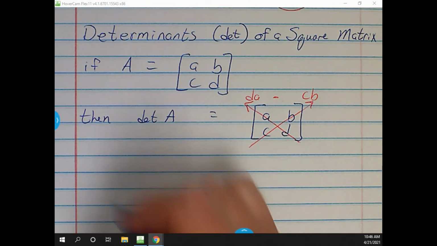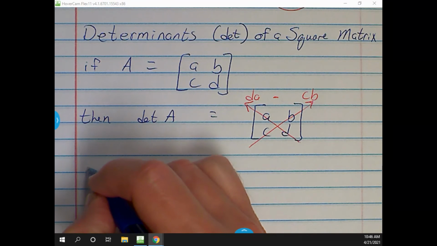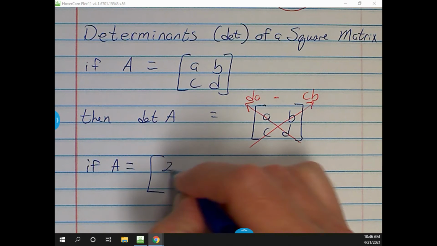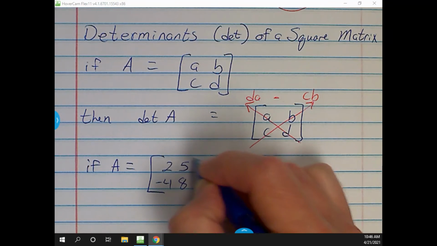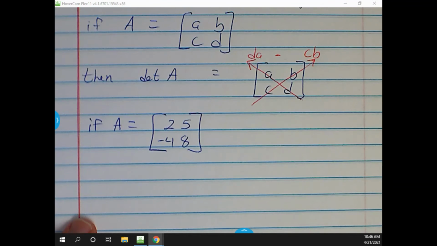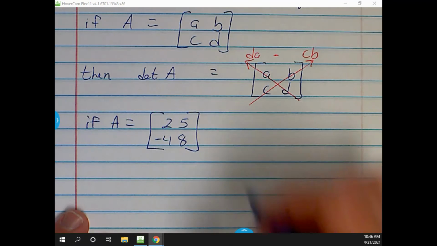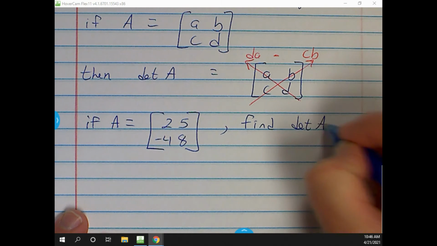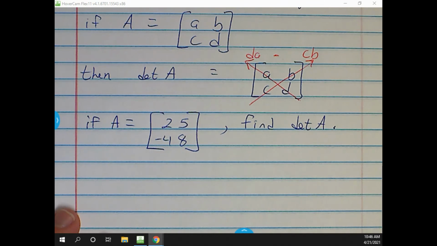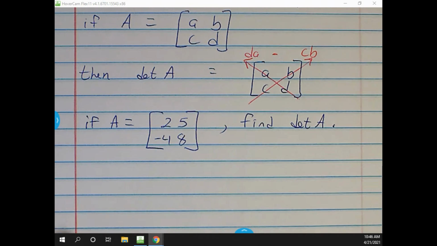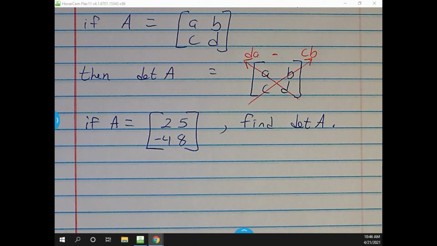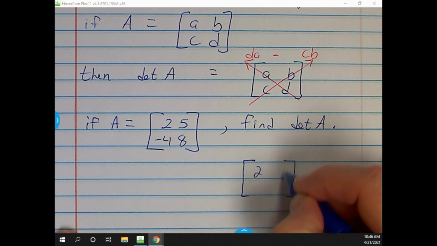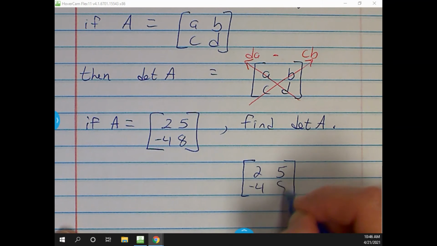All right, so let's show you one here. Let's say A is 2, 5, and then negative 4, 8. Then they should tell you to find the determinant of A. Again, for a 2 by 2, really straightforward.